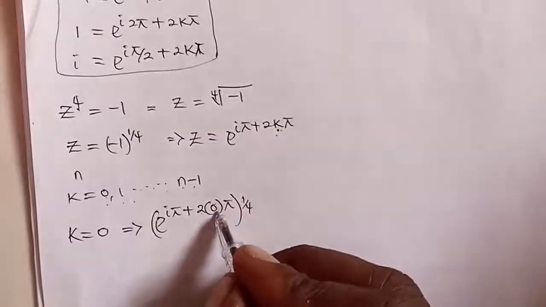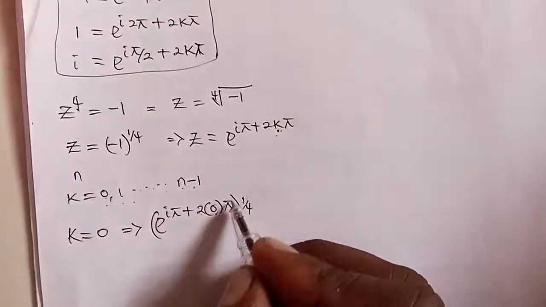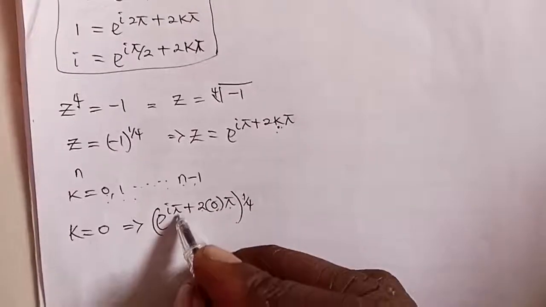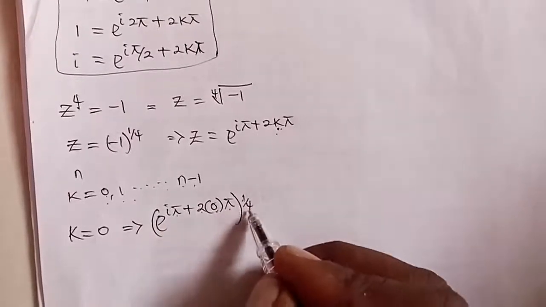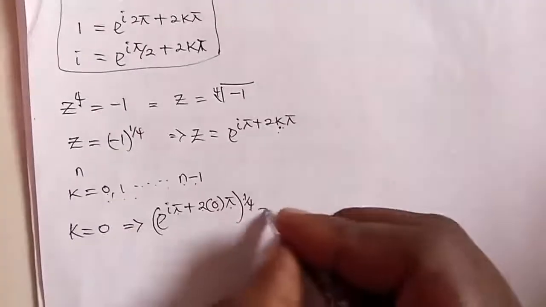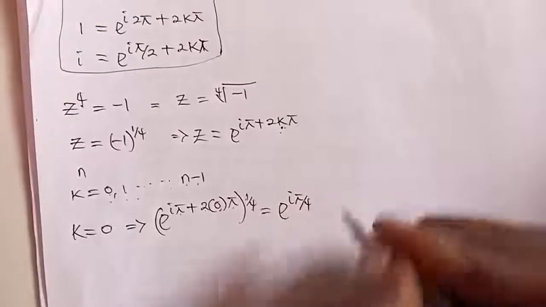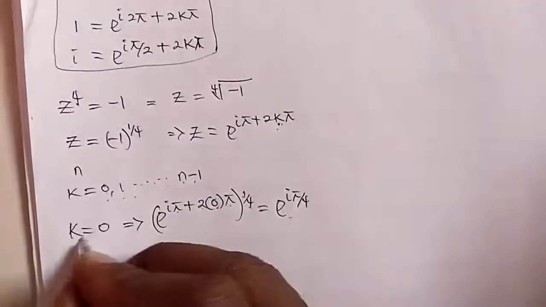So 2 times 0 is 0, and 0 times pi is 0. Now left with pi times 1 over 4, so the answer is going to be e^(i pi/4). This is the first answer when k is 0.